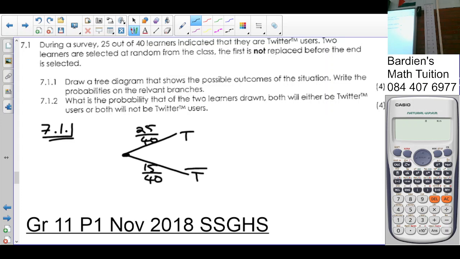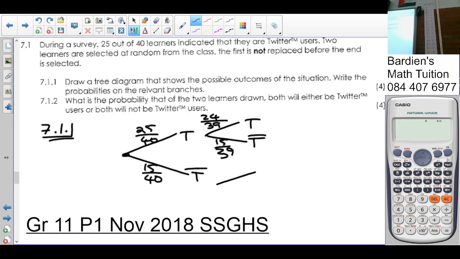Right. So if the first person drawn is a Twitter user, then what is the probability of the second draw? How many Twitter users are there in the second draw? 24 out of 39. And non-Twitter users? 15 out of 39. You guys understand?